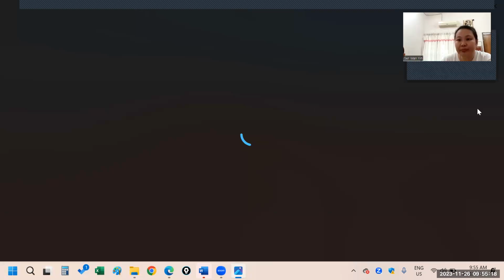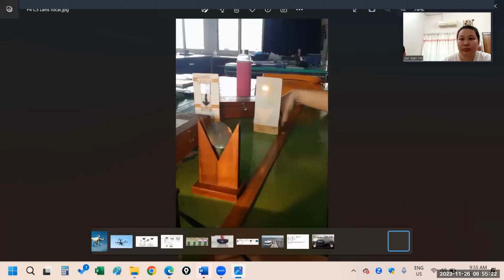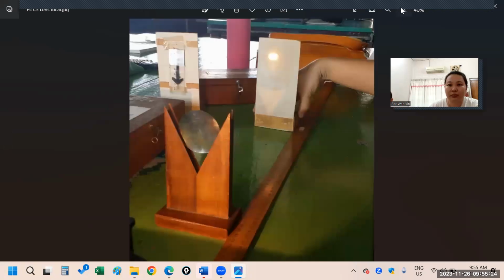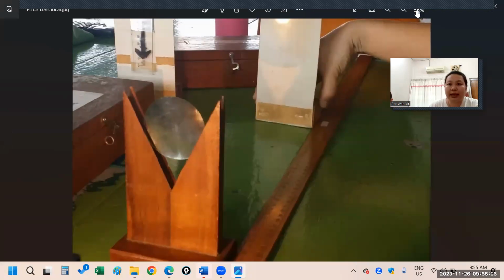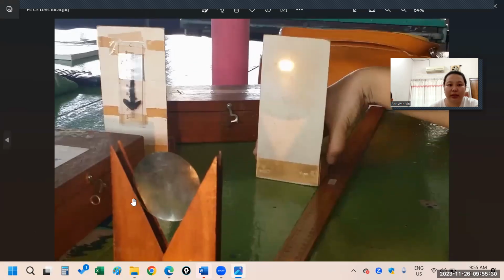Okay, now this one. When the light comes from infinity, very far away from outside the window, this is the sun at that time. Okay, and it forms upside down. So this is at the focus point.